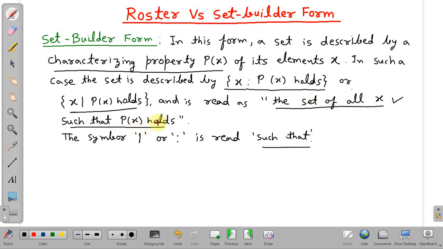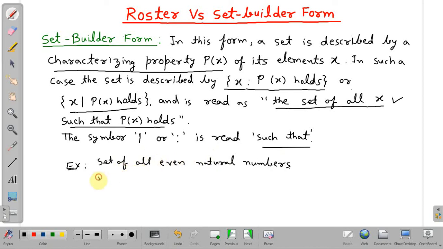Let us consider some examples of set builder form. If we write the set of all even natural numbers, how can we express it in set builder form?